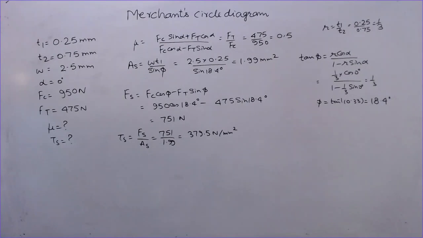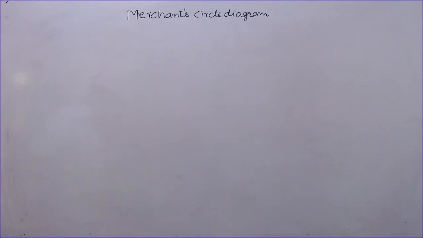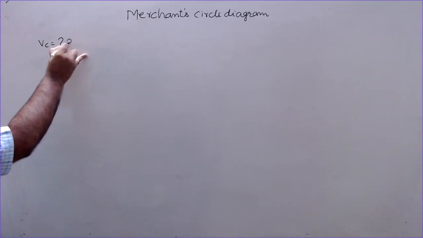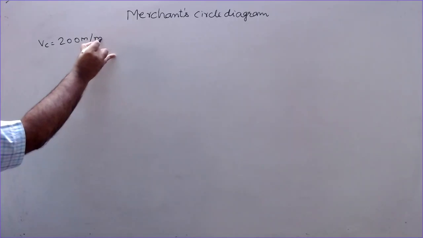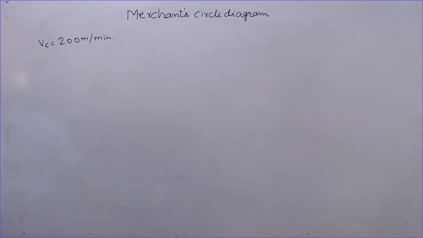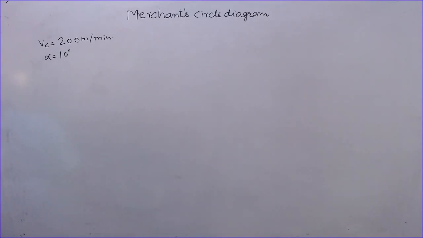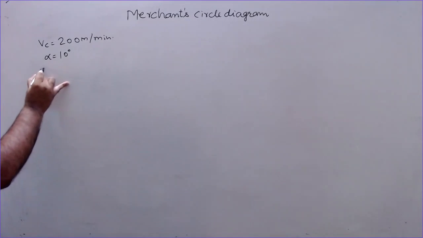Let us move on to the next question now. So the next question is that mild steel is machined at a cutting speed of 200 meter per minute. Speed for mild steel, you should remember this value. Sometimes this is also asked in the exam. With rake angle equal to 10 degree, width of cut and uncut thickness.